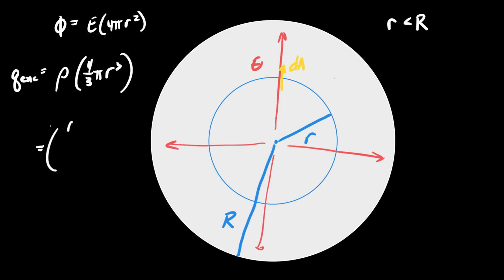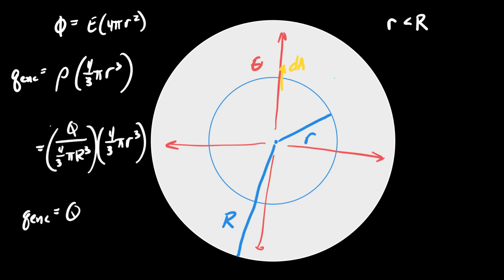But we also said that the charge density is total charge divided by total volume. All good so far? The 4/3 pi all cancels out, and I'm left with charge enclosed equals Q times little r cubed over big R cubed.